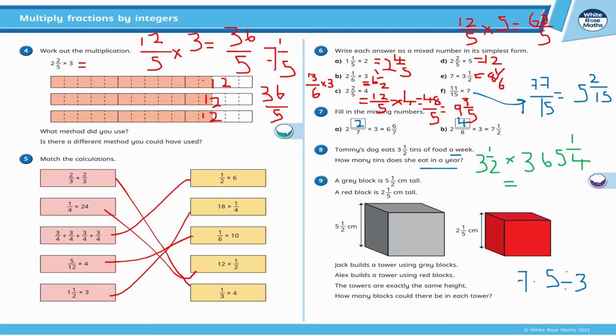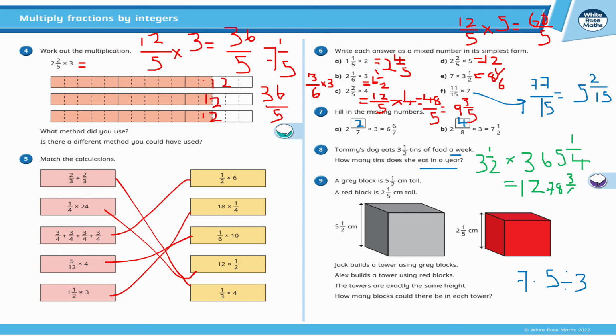So I've got 3.5 multiplied by 365.25. So it's 1,278, and as a fraction, that's going to be 3/8 left.